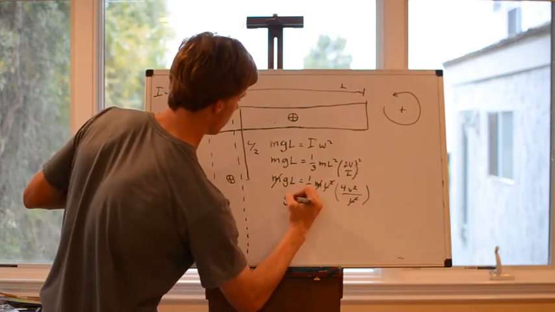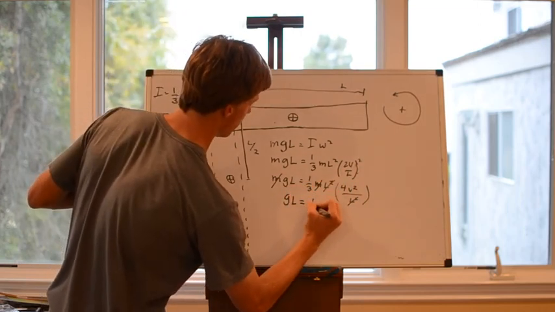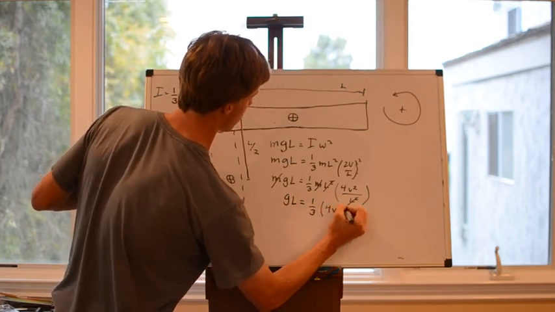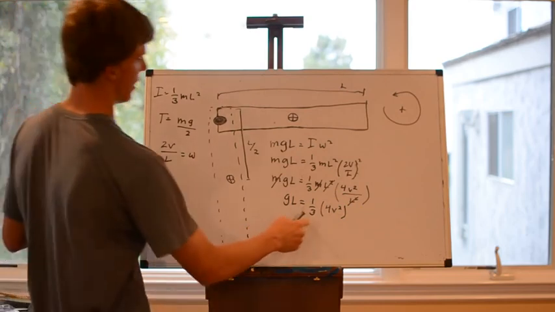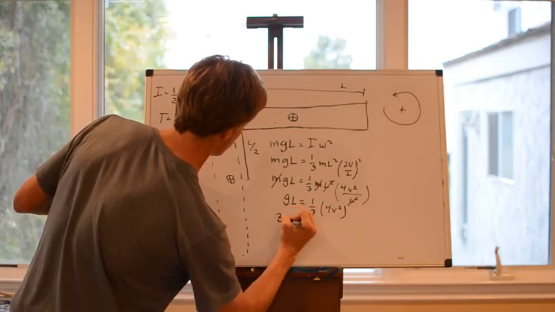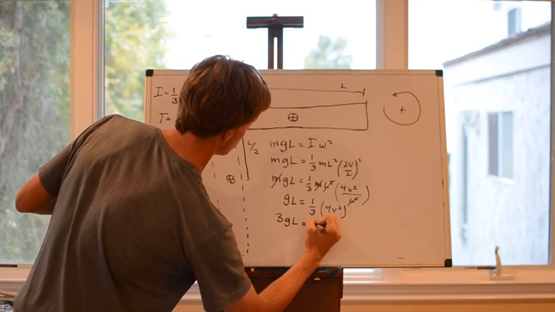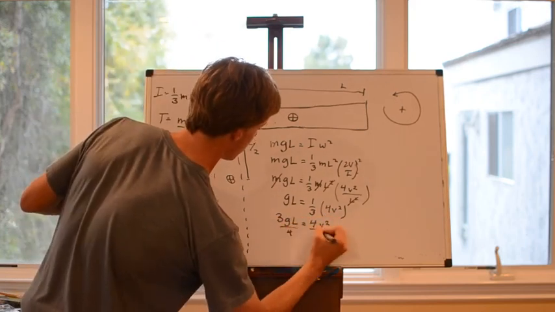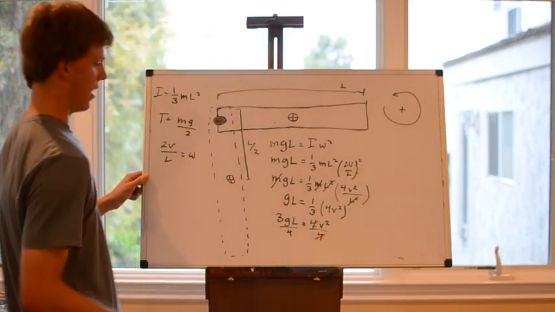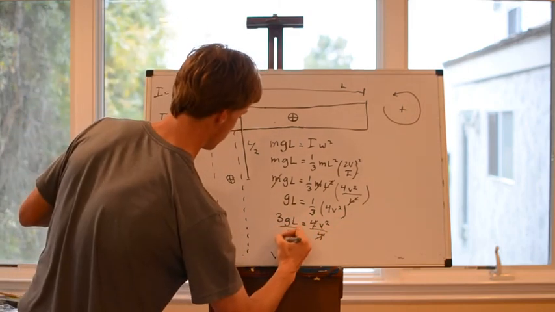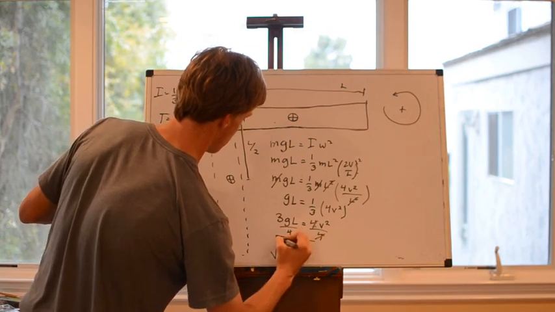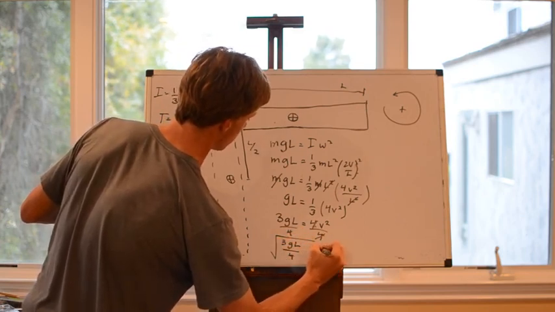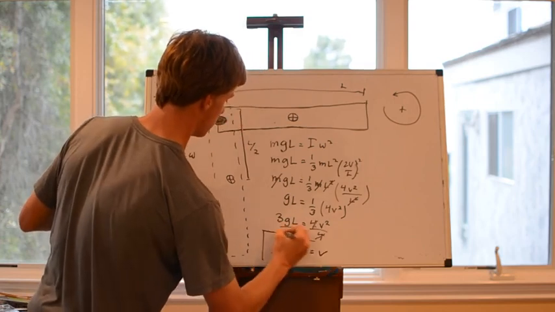So we have GL is equal to 1/3 times 4V squared. Now we multiply 3 on the other side. 3GL is equal to 4V squared, divided by 4 on each side, and then if we take the square root of all of these, 3GL over 4 is equal to the velocity of the center of mass.